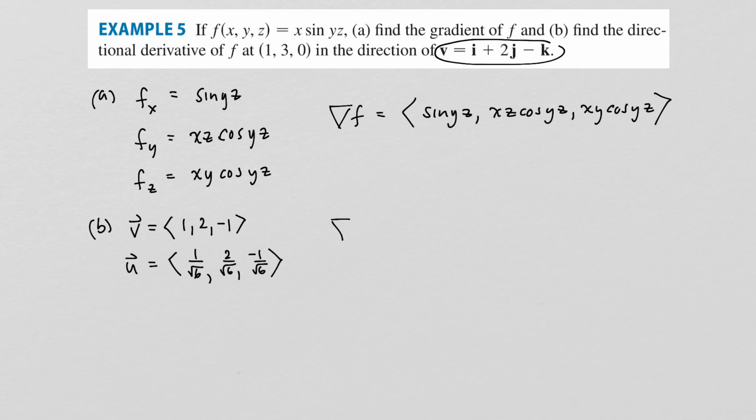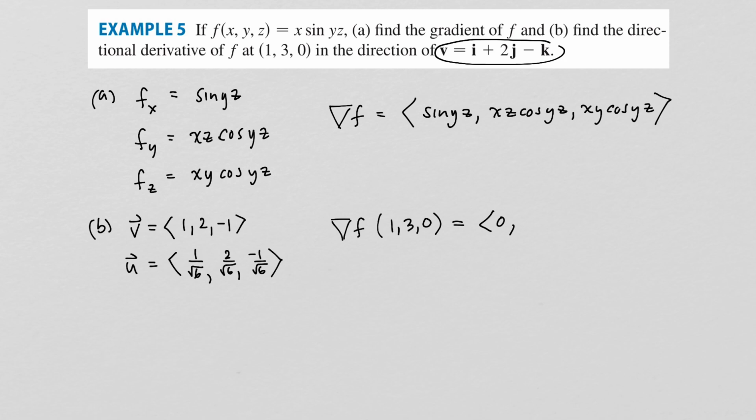And then, of course, we need the gradient vector f, but now evaluated at the point 1, 3, 0. So we have to plug in x equals 1, y equals 3, and z equals 0 into all of these. Notice when you plug in z equals 0, that makes the first coordinate 0.